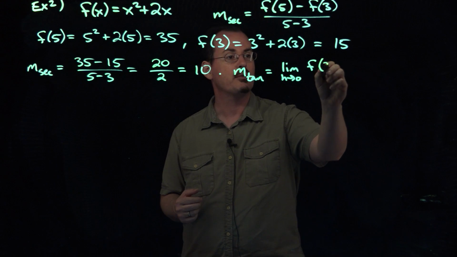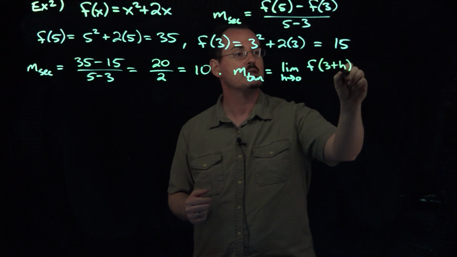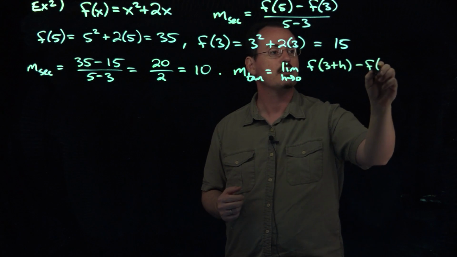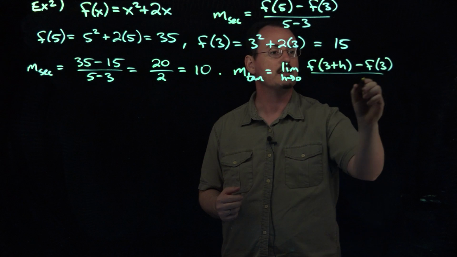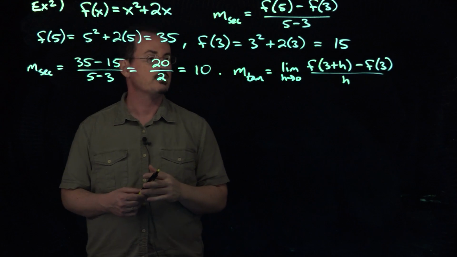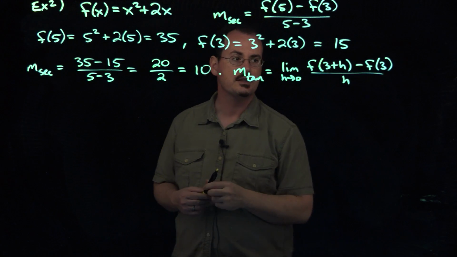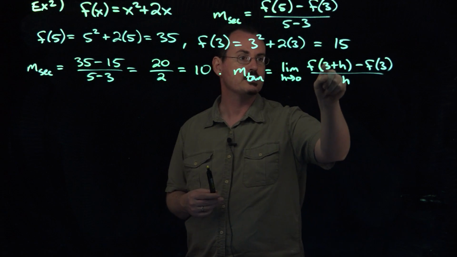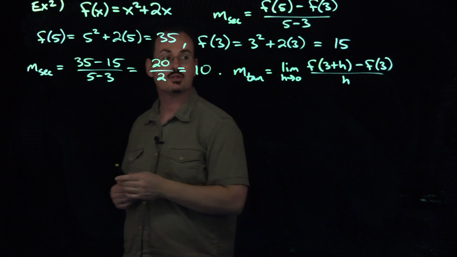So we'll just go ahead and put f of 3 plus h minus f of 3, and then we'll divide this by h. So that's the formula for the slope of the tangent line at any given x value. In this case, we're looking for it at x equals 3.